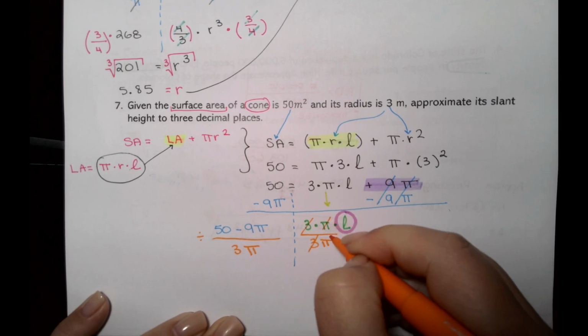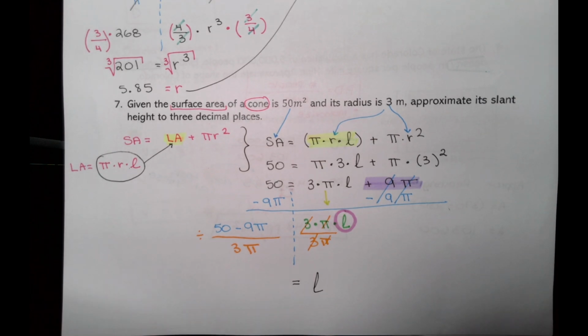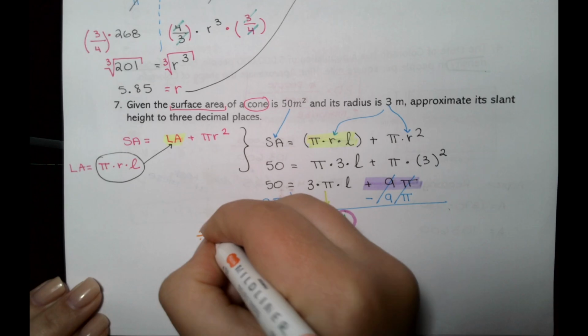Threes go away, pi's go away, and you are left over with your slant height. And now we can type this into the calculator. When you type this into the calculator, you must place parentheses around your numerator. Otherwise, your calculator will do things that are wrong.